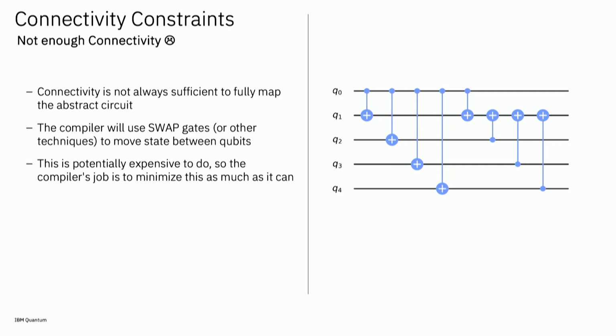So there's no way that you could run this circuit as is on that device. And so what the compiler does is it uses swap gates out of the box in Qiskit, although you could use other techniques, to move the quantum state around between the qubits as it's evolving the circuit to make up for that lack of connectivity.